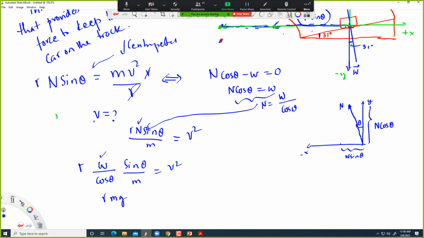Sine theta over cosine theta is tan theta. We have m is equal to v squared, right? So we can cancel m and m, and v is equal to square root of r g tan theta, right? Now if you look at the variables here, all these variables are known. r is known, g is known, and theta is also given. And then you can find v.